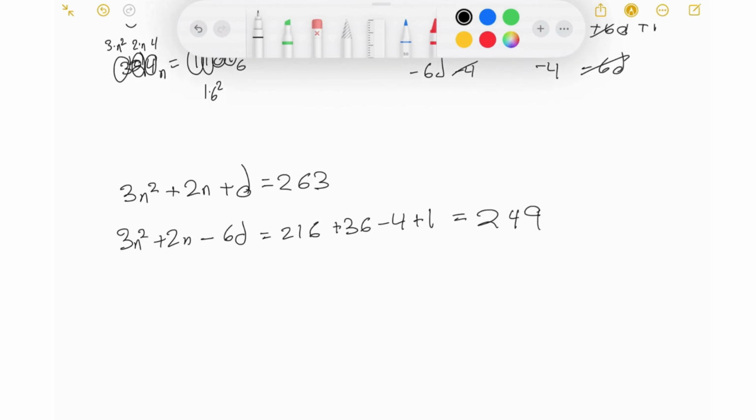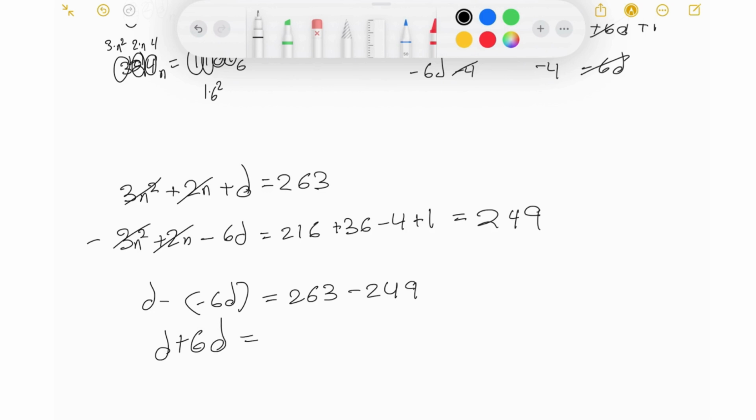Now we subtract this equation from this equation, and we get that the 3n squares cancel out, the 2n's cancel out, and then we get d minus 6d is equal to 263 minus 249. So d plus 6d is equal to 14. 7d equals 14, so d equals 2.